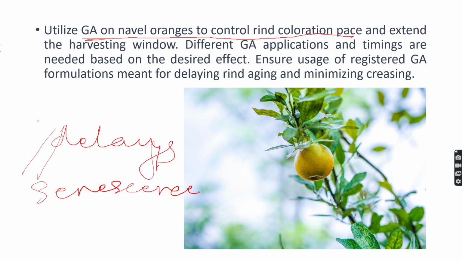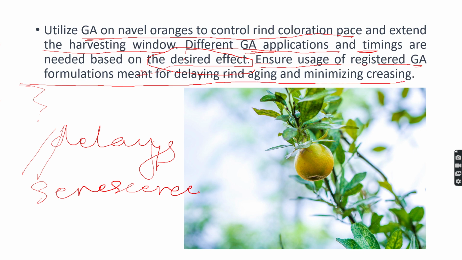Different GA applications and timings are needed based on the desired effect, so as per desire we can apply different types of GA at different timings. Ensure usage of a registered GA formulation meant for delaying green edging and minimizing creasing.